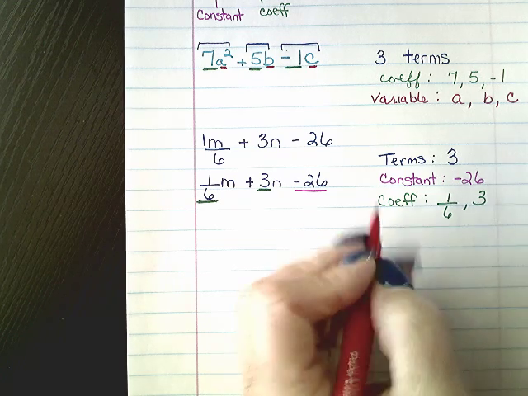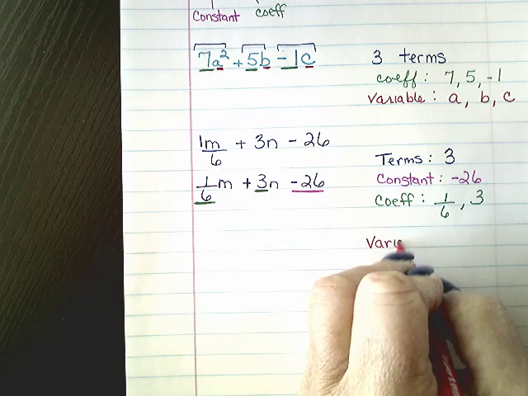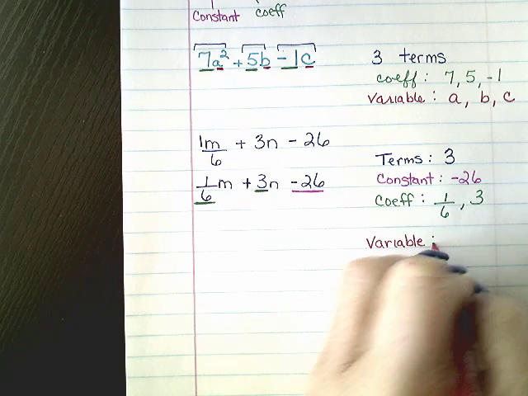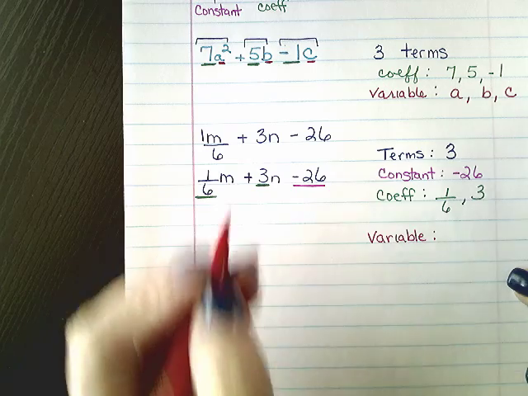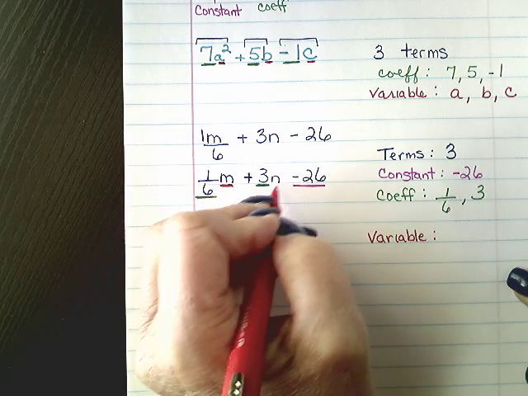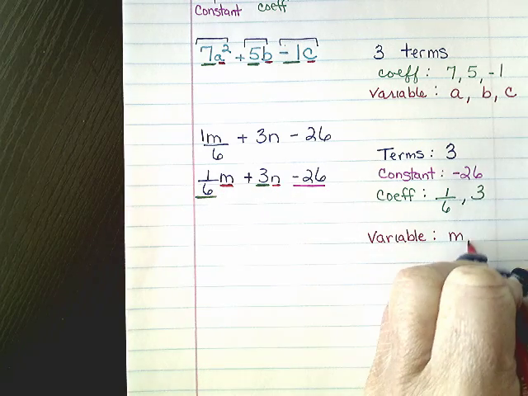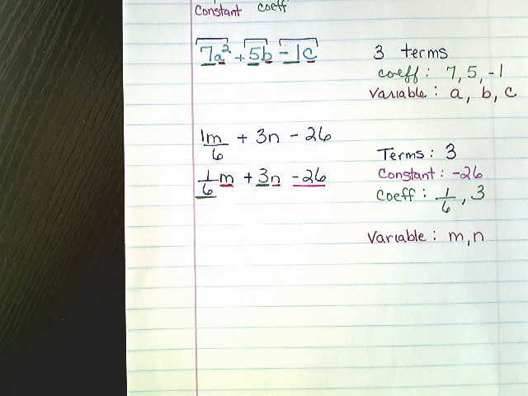Now, do I have any variables? I have 2 variables, m and n. So you are going to be identifying the different parts of an expression, and you're going to label them terms, constant, coefficient, and variable.